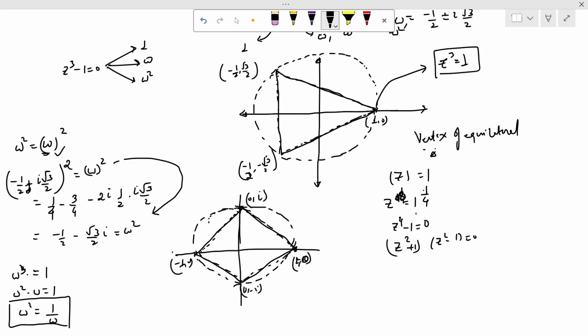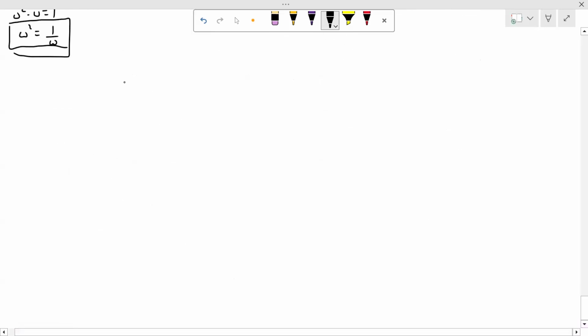Similarly, in complex numbers, there is a theorem which suggests the existence of the nth root of unity.